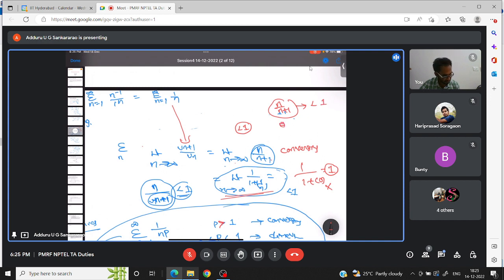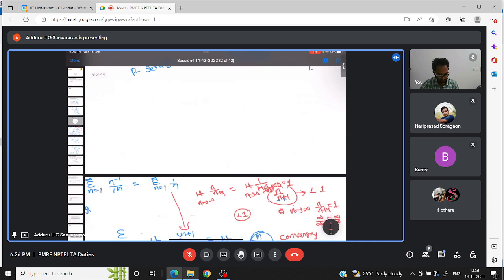But as n tends to infinity, n by n plus 1 equals 1, because n tends to infinity means infinity by infinity plus 1, so infinity by infinity, we can say 1. How do we write that? Limit n tends to infinity n by n plus 1. Generally limits like this we solve as 1 by 1 plus 1 by n. As n tends to infinity, 1 by n tends to 0, this is 1.